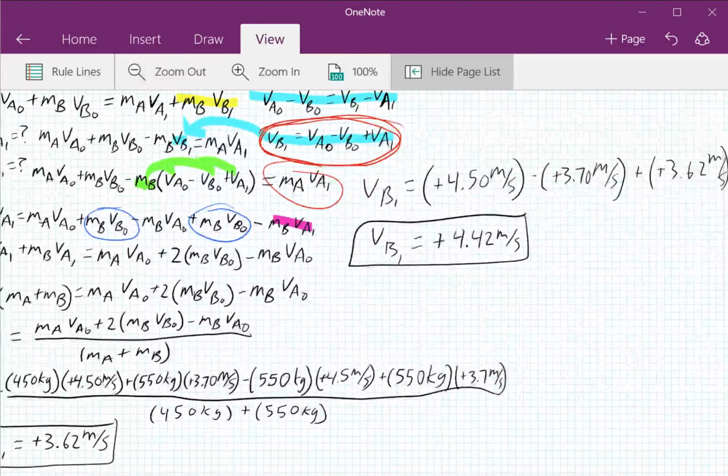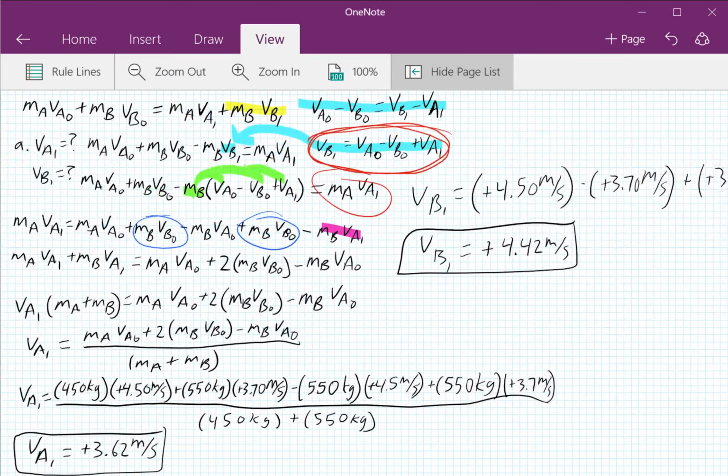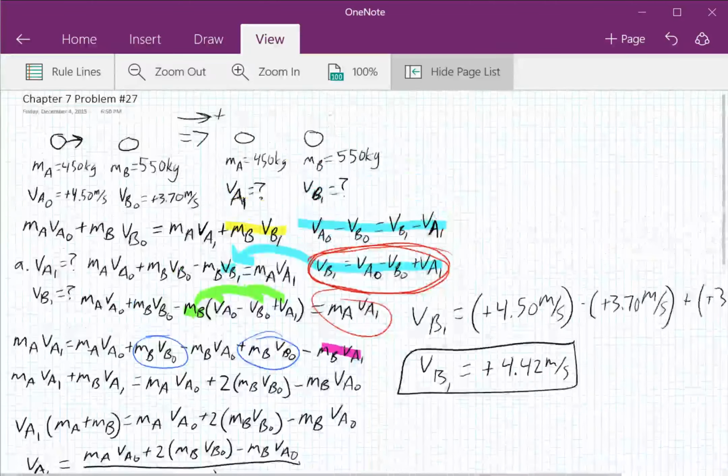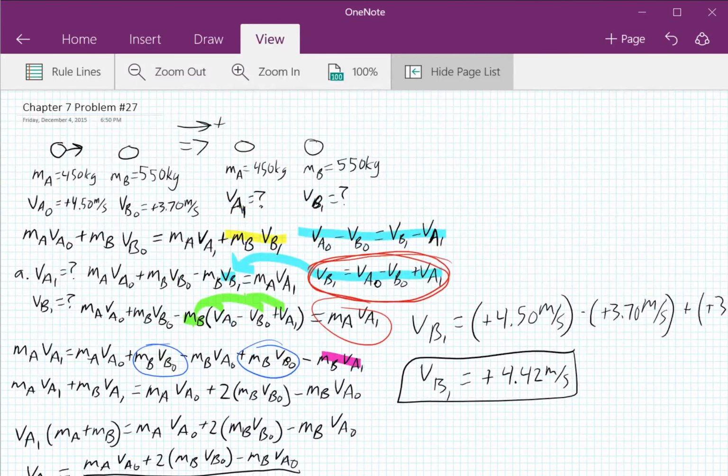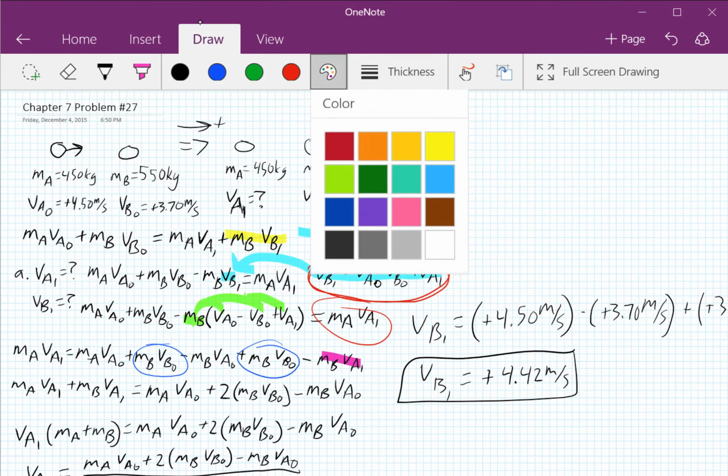Now part B asks you to figure out the change in momentum, if I remember correctly. Yep, change in momentum. Okay, now we could probably fit that on the top right here. So let's change the color.